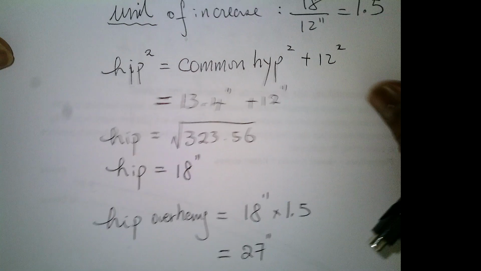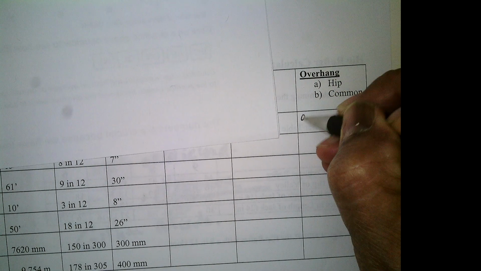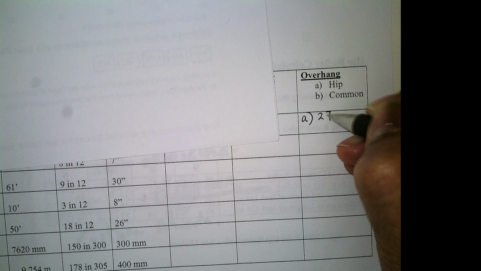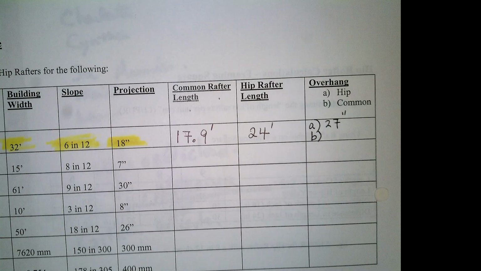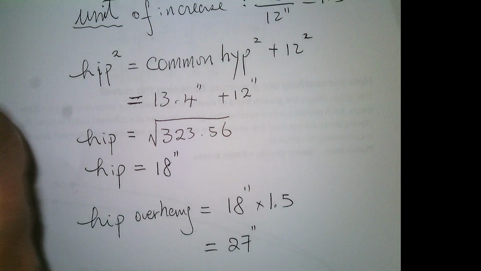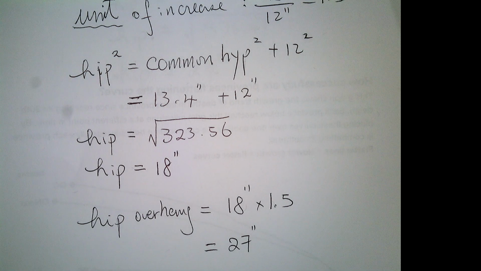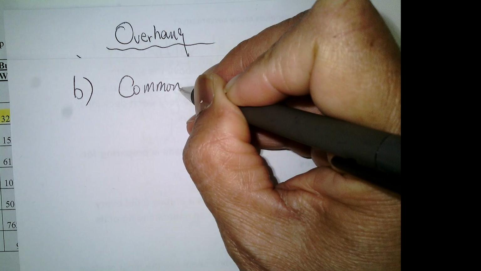So now you say A, 27 inches. Transfer this value, and then B. I'm going to show you how to do B, and it's almost over. B, the common overhang.